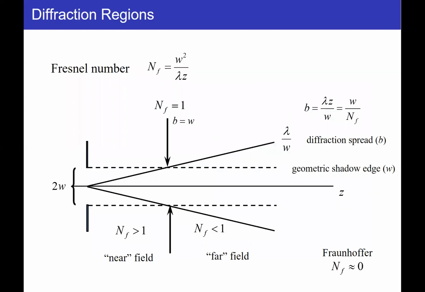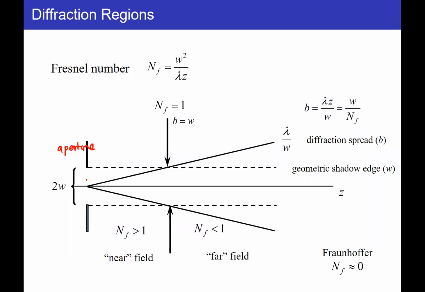And we are going to review some of the basic intuitions about what we are going to talk about. So here is the aperture. And it has a certain width, about 2W.